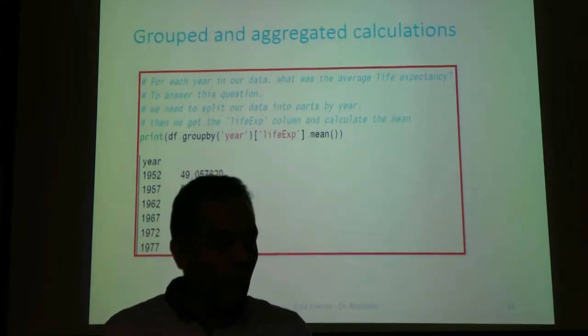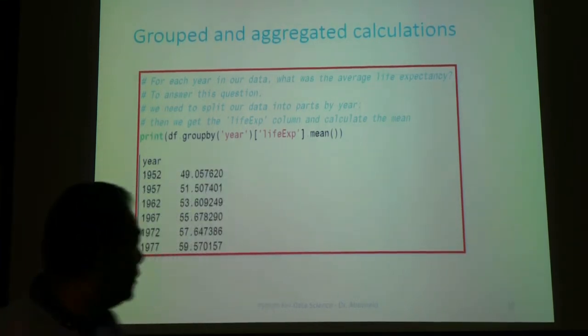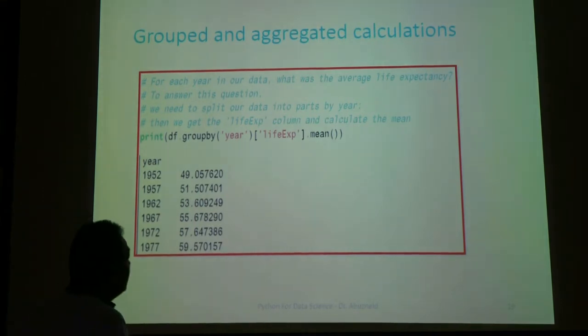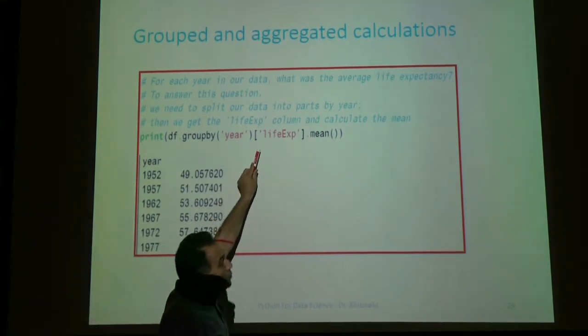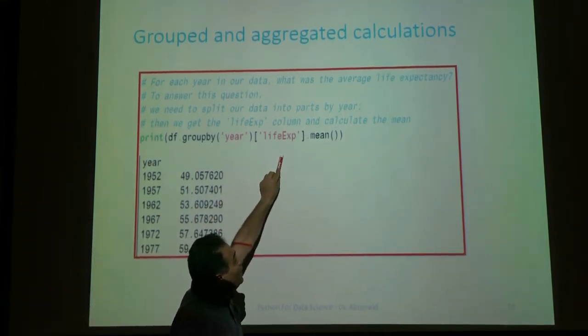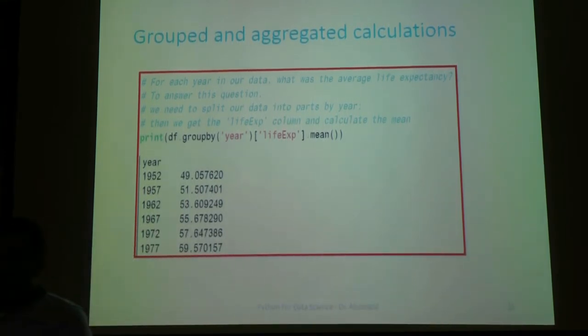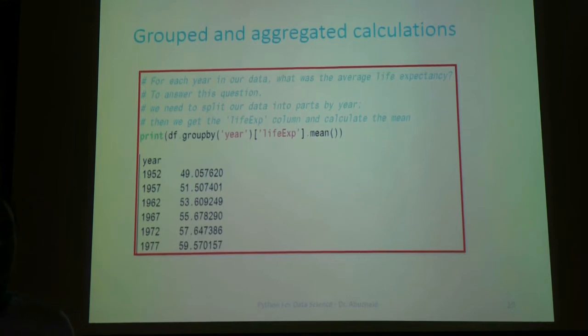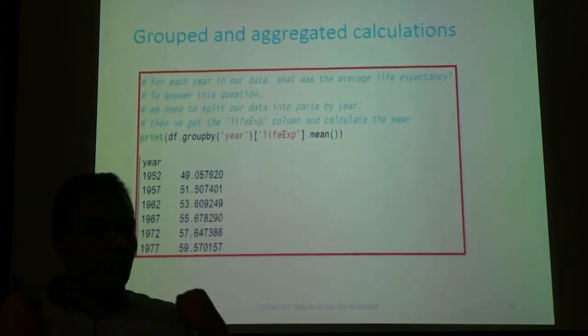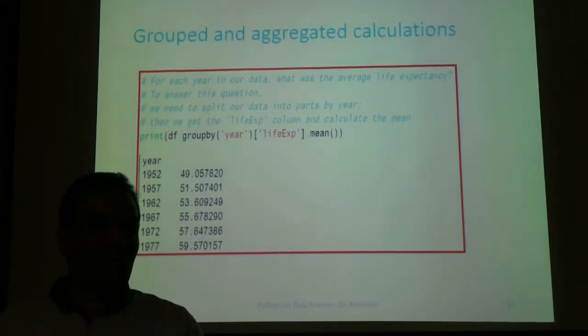One group, multiple groups per year, right? And I care about which column? The life expectancy. And then what do I do? Get the average. So group by the year for the life expectancy, and then give me the average life expectancy for that year. Simple.